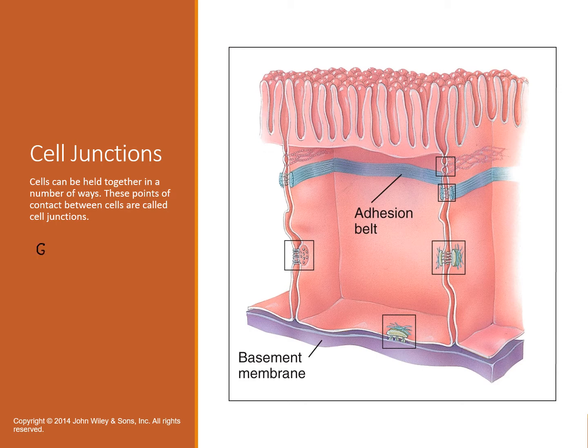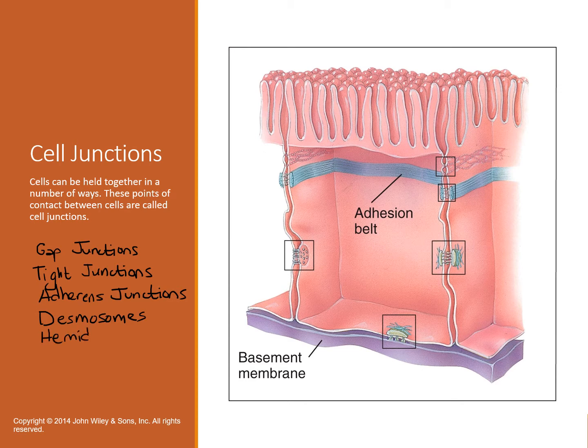They are going to be gap junctions, tight junctions, adherens junctions, and then we're also going to have desmosomes and hemidesmosomes.